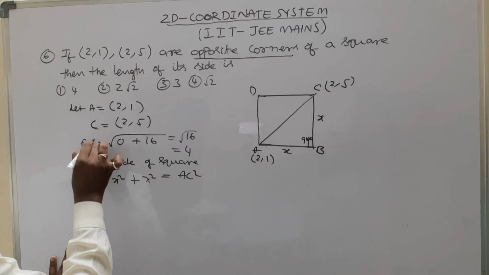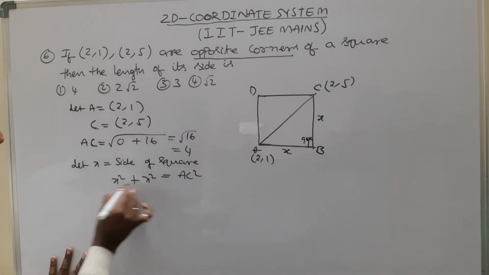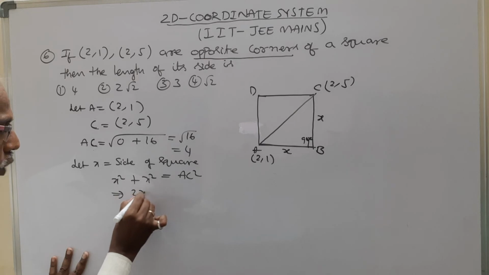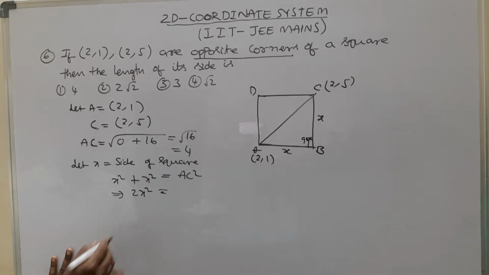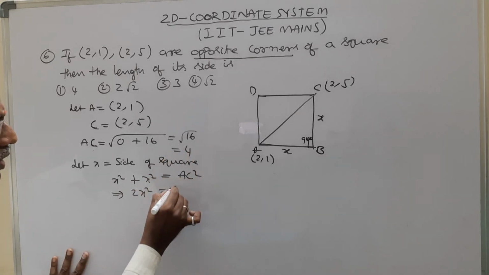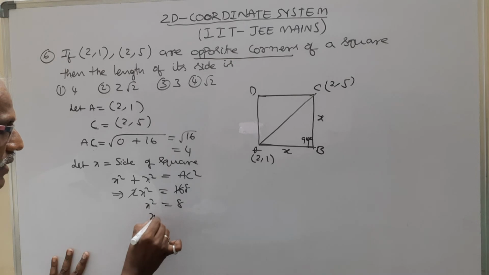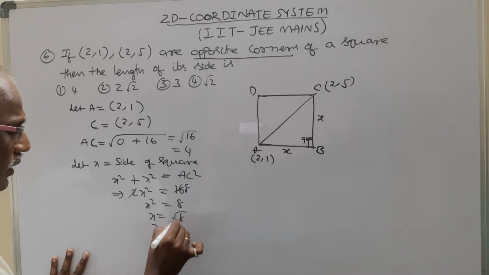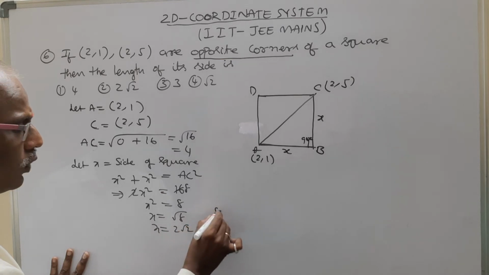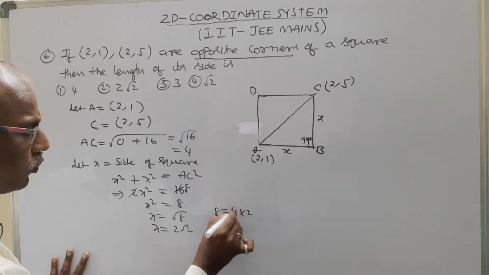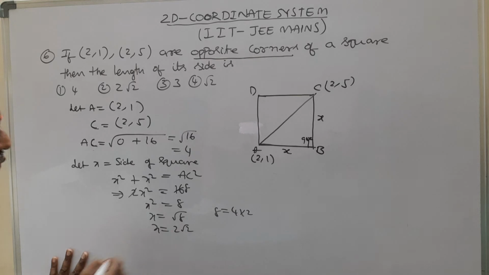This is the length of AC. x square plus x square is 2x square, equal to AC square. AC is equal to 4, 4 square is 16. So 2x square equals 16, and x square equals 8. x is equal to root 8, which is 2 root 2, since 8 equals 4 into 2 and root 4 is 2.